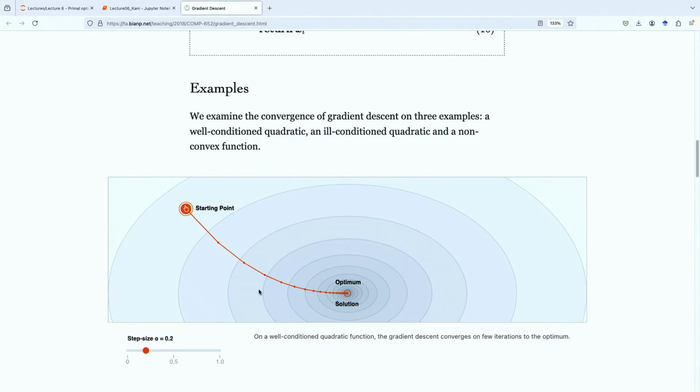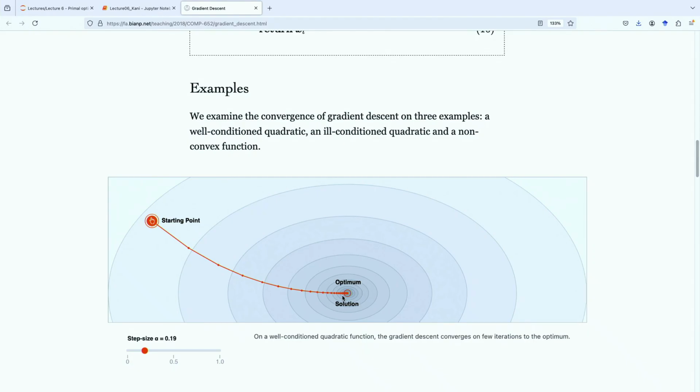We have any possible starting point here, and then we could vary the step size. Depending on the step size, we usually find a very strong solution to the optima with not too many wasted steps.